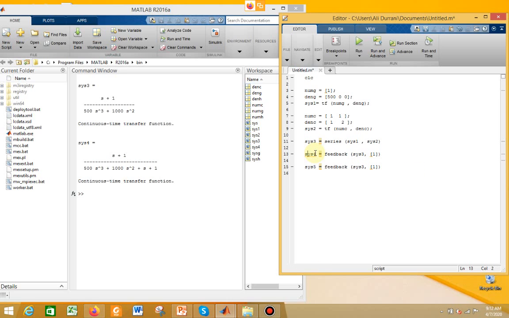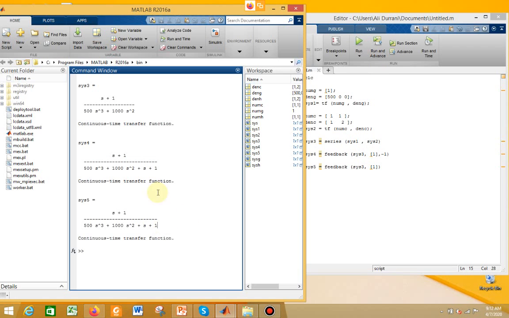Here we go. So in system 4 I have defined the feedback configuration, and I have added -1 over here. And for system 5 I have skipped that -1, I have removed that, and let us see if there is any difference in the result or it is the same.